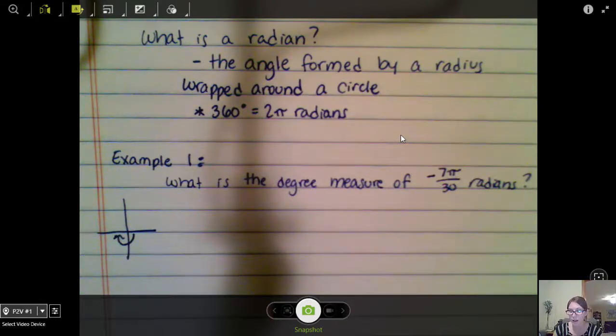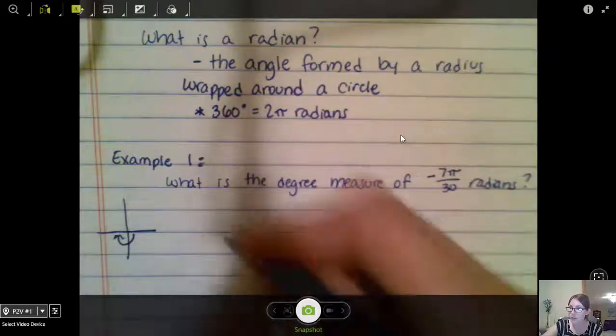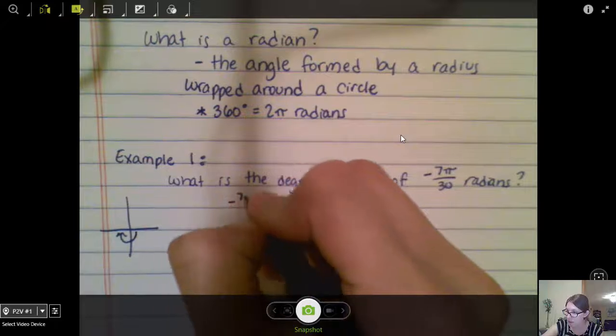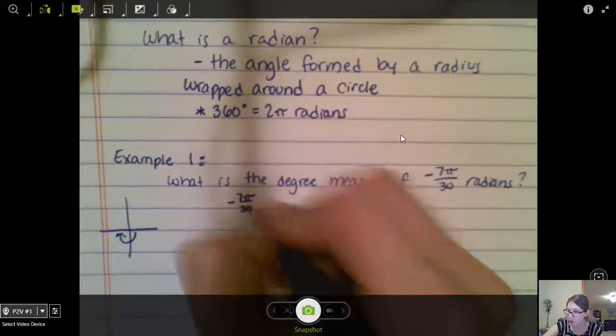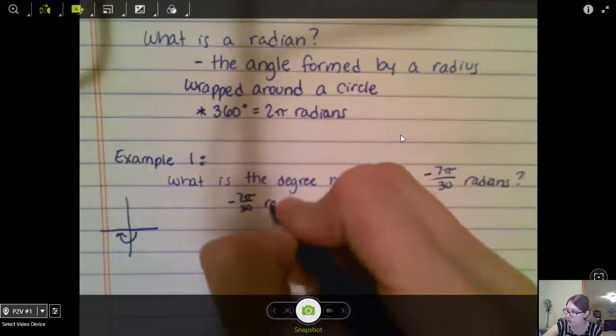Now, if you've done chemistry and dimensional analysis, these conversions will be a lot easier for you. If you haven't done chemistry or you haven't seen dimensional analysis before, hopefully it won't be too bad still. So the idea with dimensional analysis is we want labels to cancel out. So right now I'm starting off with negative 7 pi over 30, and these are in radians.